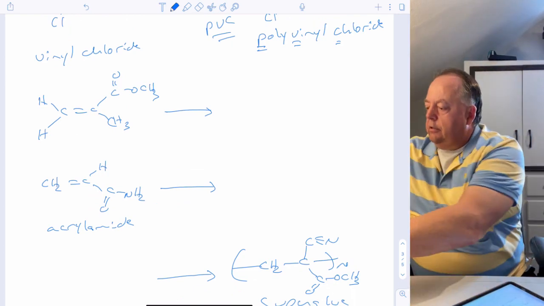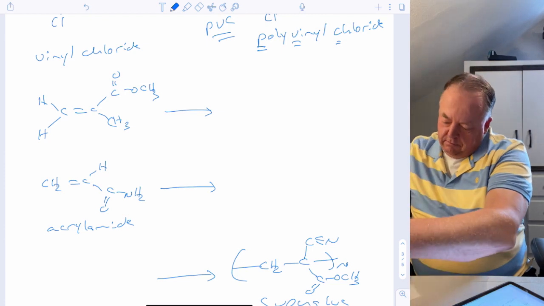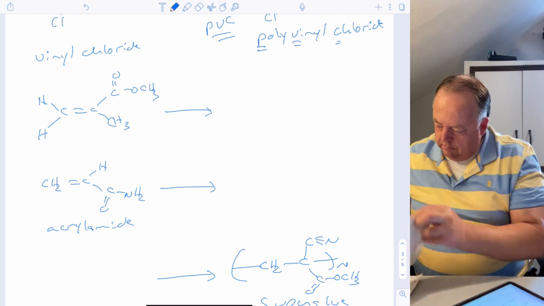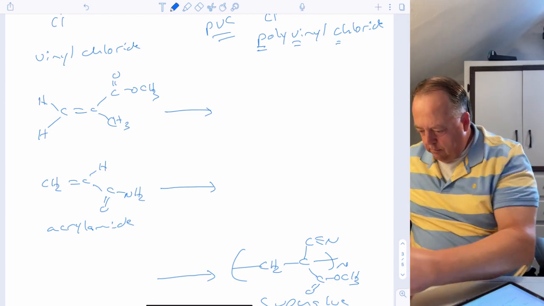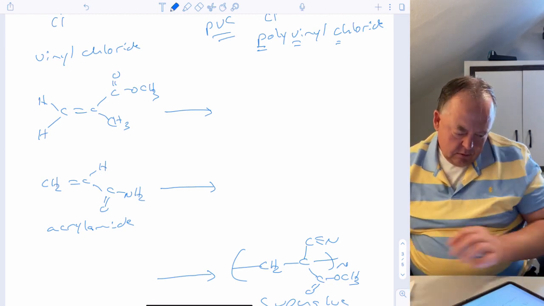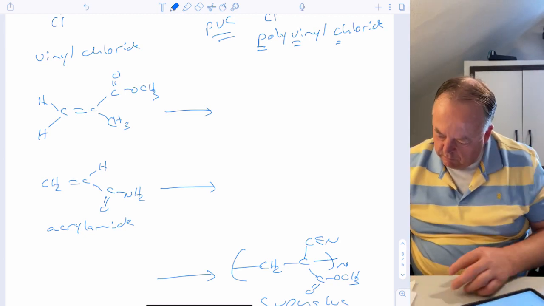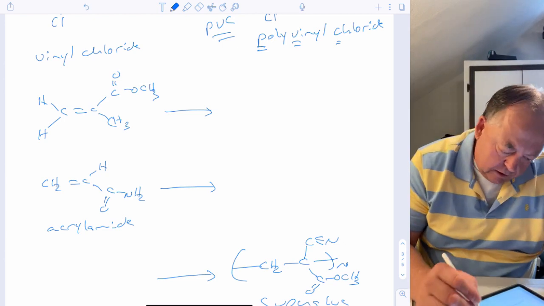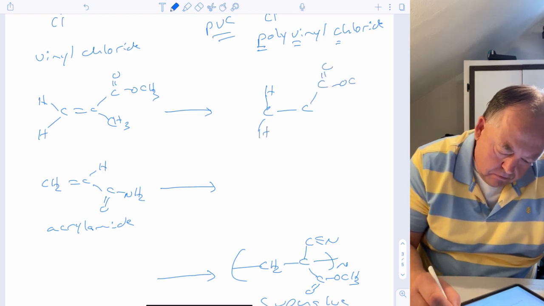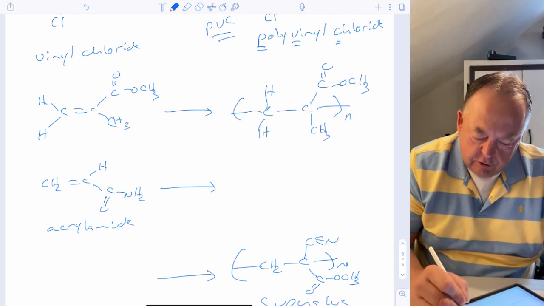Okay, this alkene. If you polymerize that, then just get rid of the double bond. And then we just have a bunch of those repeating units, right?